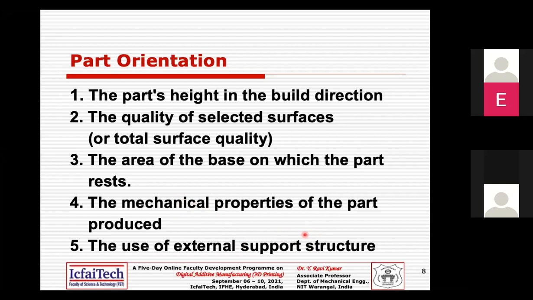You have a model material at X rupees, and the support material may also be X rupees or X minus delta X rupees, but it is almost on par with the cost of the model material. Then how do you minimize the quantity of supports? That may give you another criterion for fixing your part orientation.